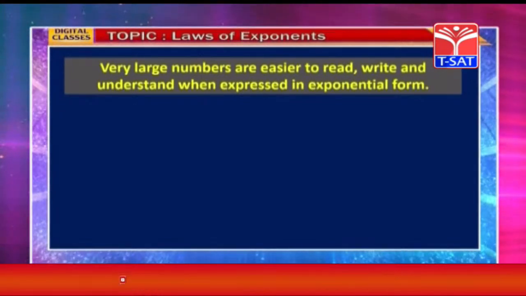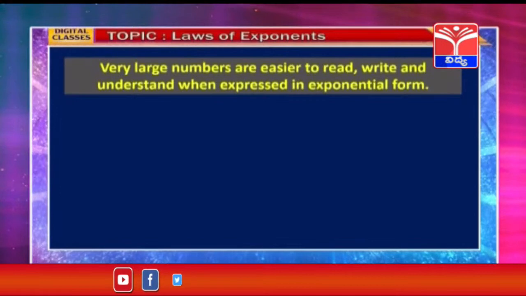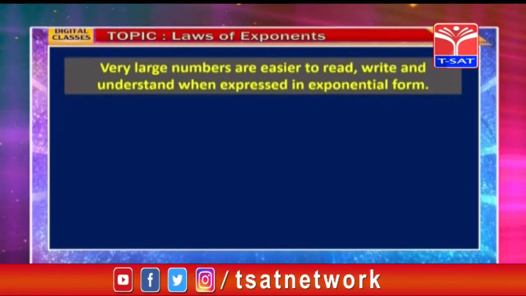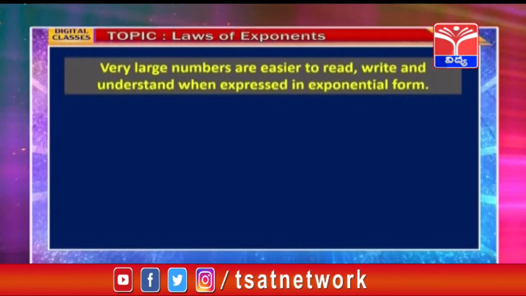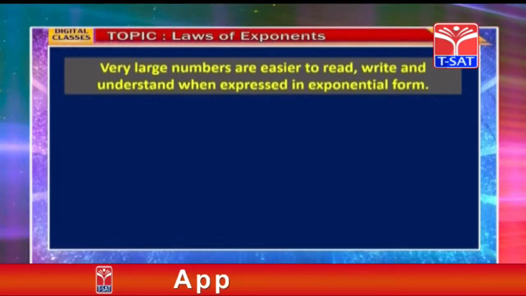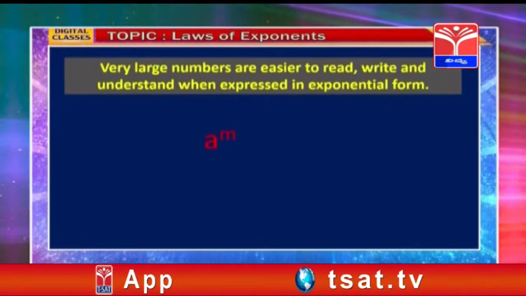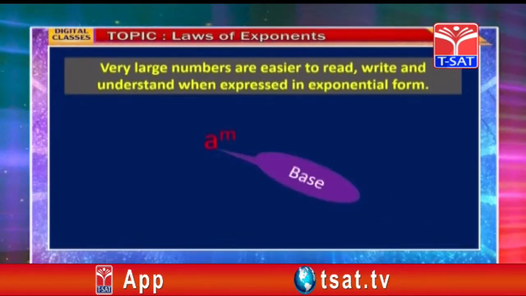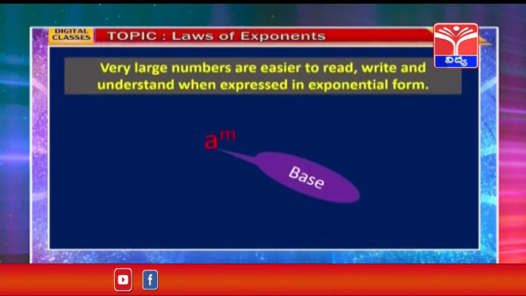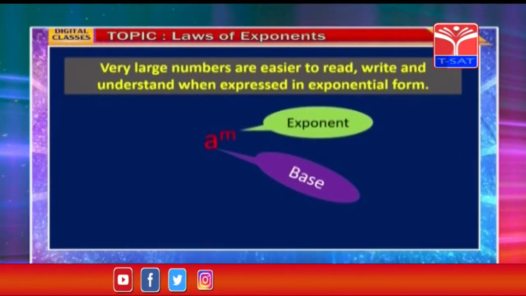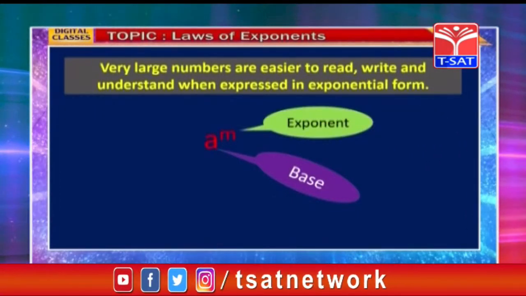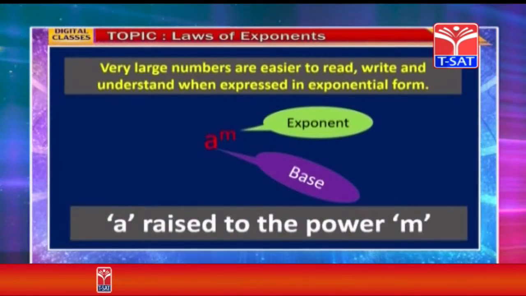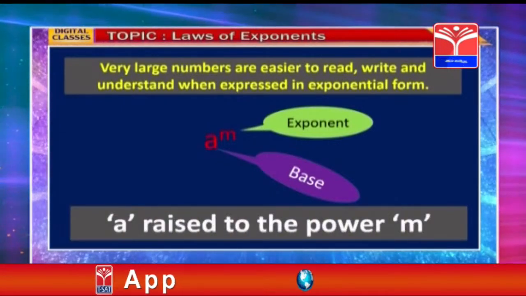So if you express them in exponential form, you can easily write, read and understand them also. See here, a to the power of m. This a we call the base and m we call the exponent, and we read this as a raised to the power of m.